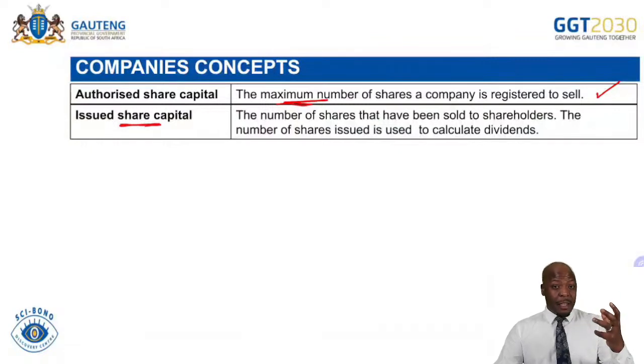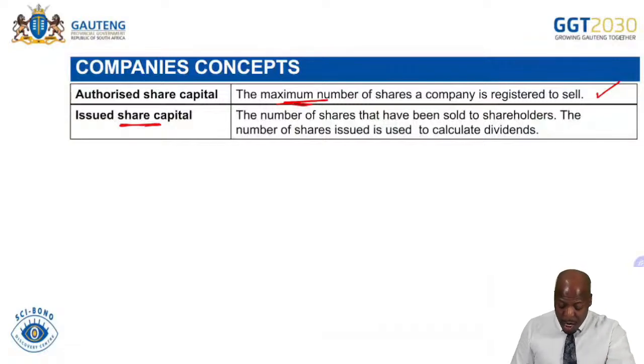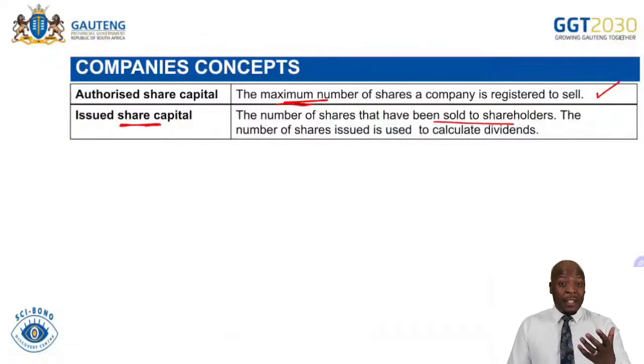So authorized, the maximum number. Then out of that authorized, we issue now a particular number to the public. So the issued share capital, it is the number of shares that have been sold to shareholders. The number of shares issued is used to calculate dividends. You will see again in today's class how we're going to do that one.